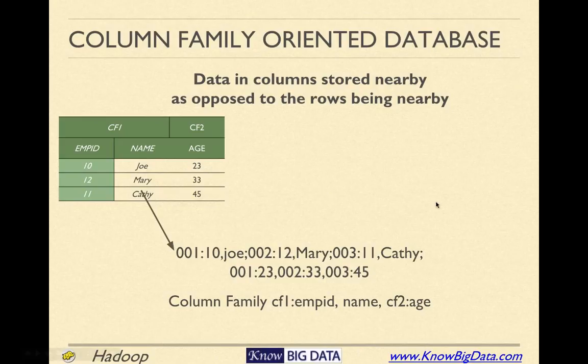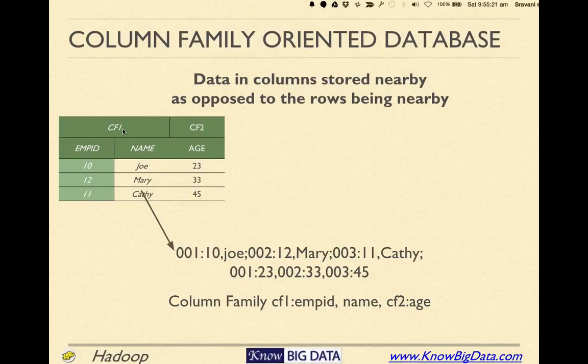And what is a column family? A column family is a collection of columns. So for example, here we have two column families, CF1 and CF2. CF2 contains only one column called age, and CF1 contains two columns, employee ID, EMP ID, and name.